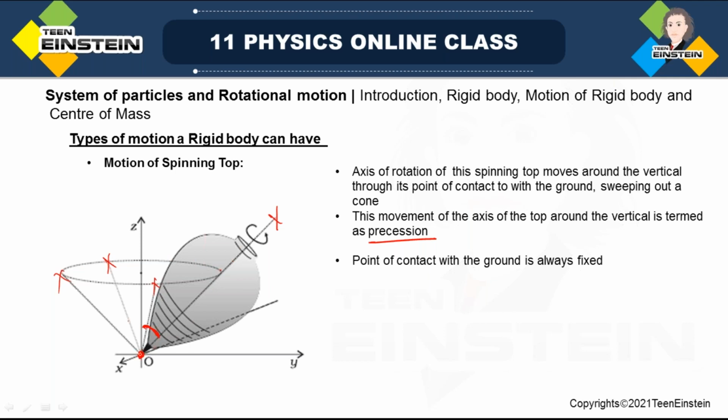And this point, which is on the ground, will always be fixed. It doesn't move. It can move also, but that will be more complicated. If it doesn't move, if it is fixed, then it is called precession. So the point of contact with the ground is always fixed. So this is actually the spinning motion of a top.